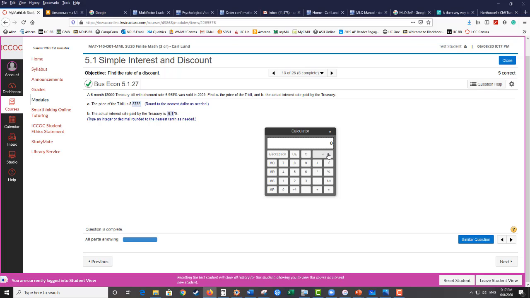So I hope that helps you with simple interest and discount. Simple interest is more important for you to know right now than the discount rates for treasury bills. But it would be awesome if you could also do discount rates for treasury bills. That's also part of this chapter. But specifically, I want you to be able to find the interest that you paid or that you earned from either a loan or investment.